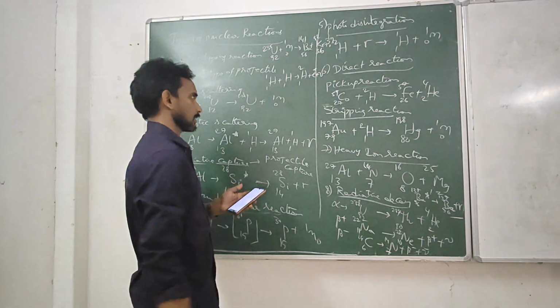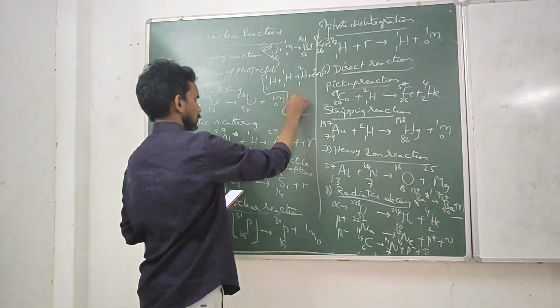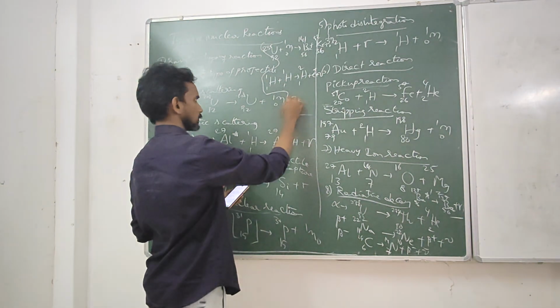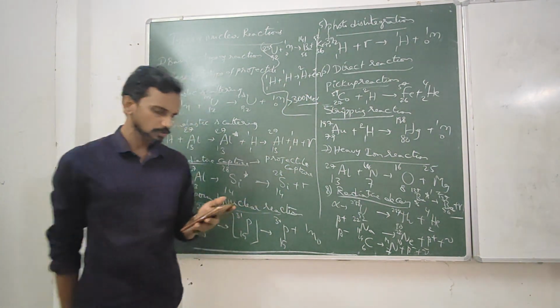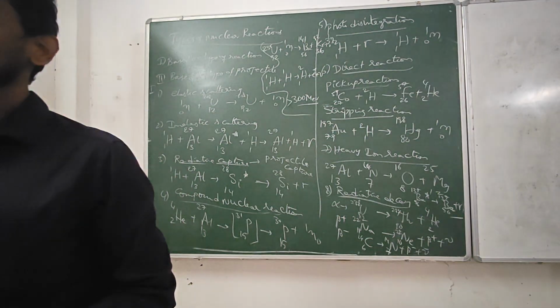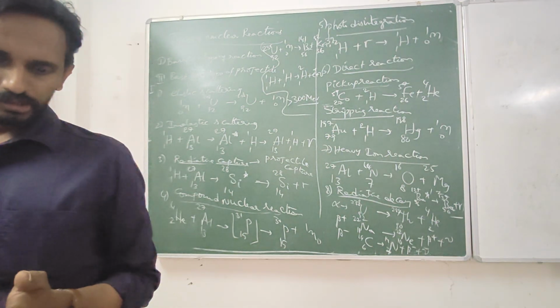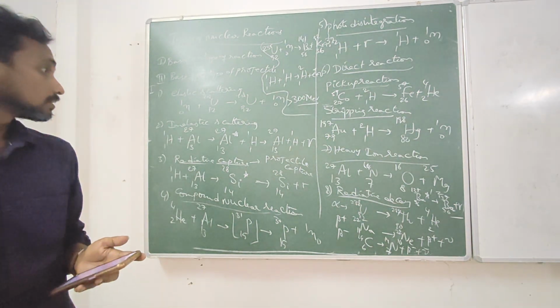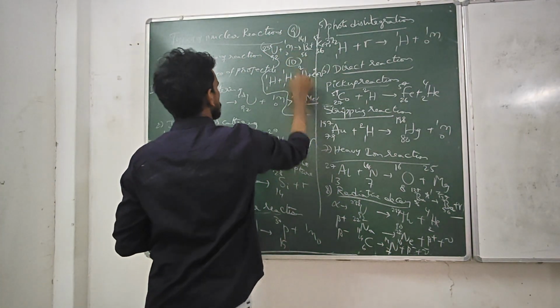And elementary particle reactions. So the last one: if the energies of interactions are greater than 300 MeV, mega electron volts, it will generate elementary particles. So they are the 8, 9, 10 and 11.